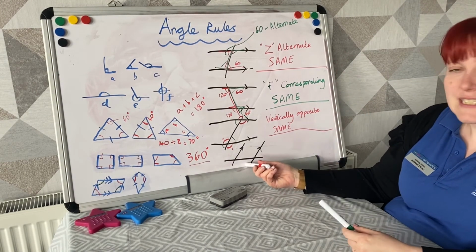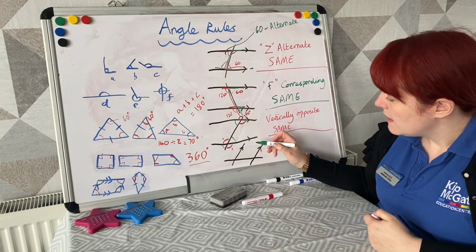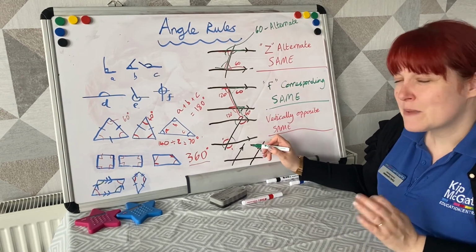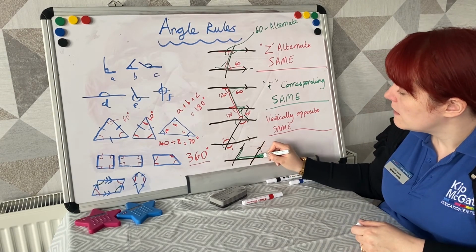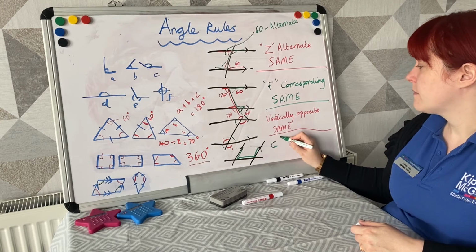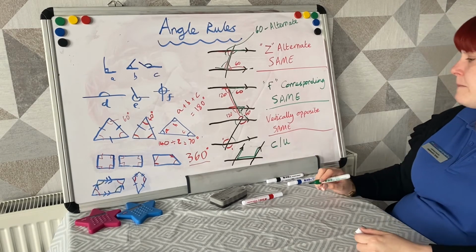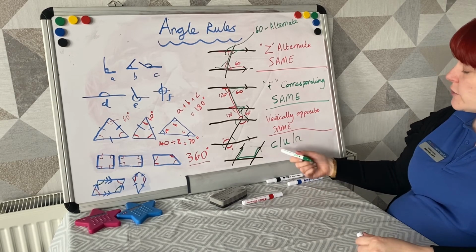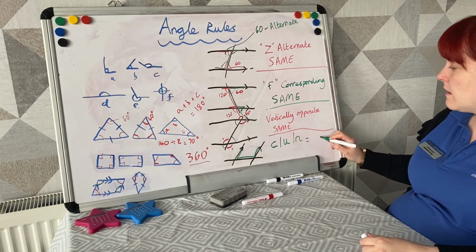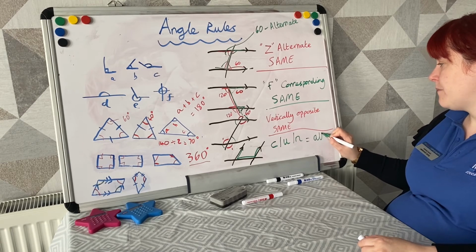And now we've got this guy down here. This one has a few letters, so that's another problem. We've got a C or a U, or even an N, I suppose, if you're going the other way up. So these ones are allied.